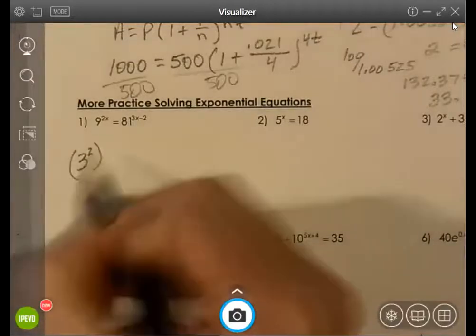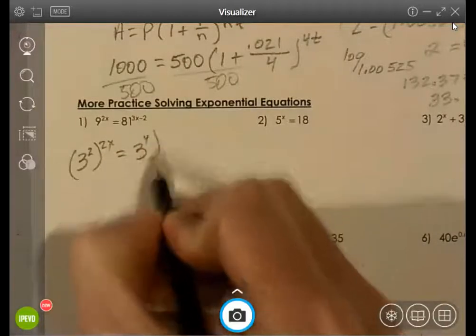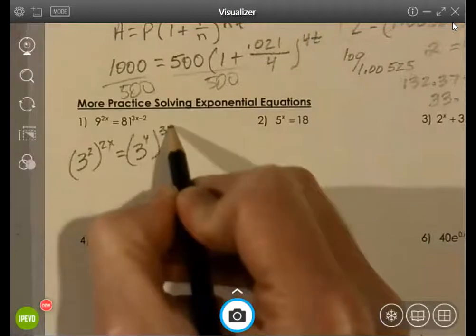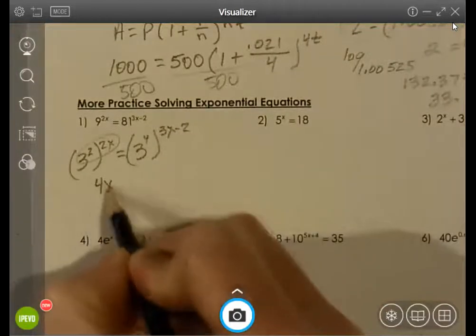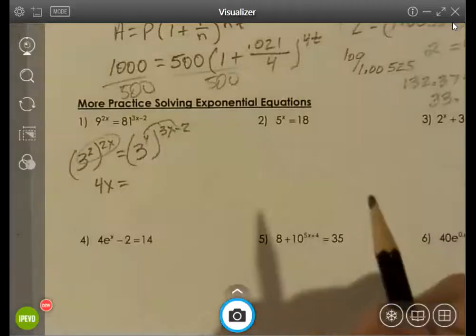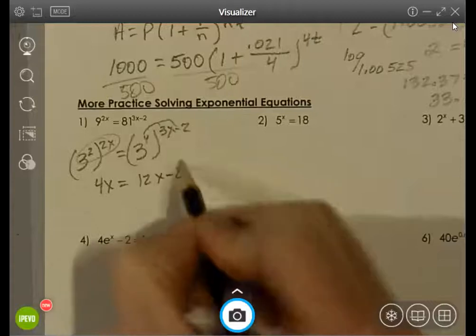Nine is 3 squared. 81 is 3 to the 4th. So your exponents are going to be 4x. You're going to have to distribute your 4 through there to get 12x minus 8.